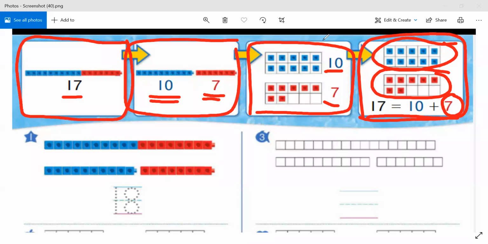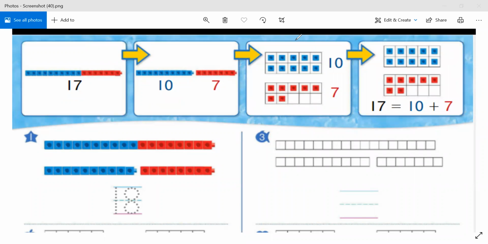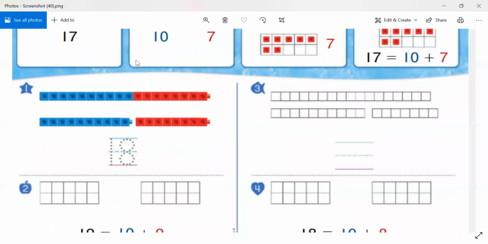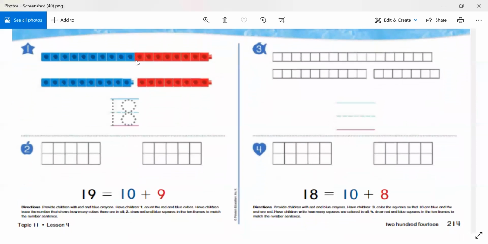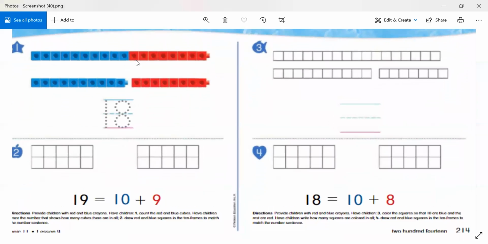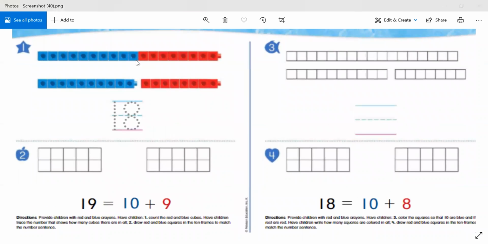All right, let's look at our first problem. Let's put our paper up. All right, let's look at number 1. Okay, so you're going to need a red and a blue crayon.